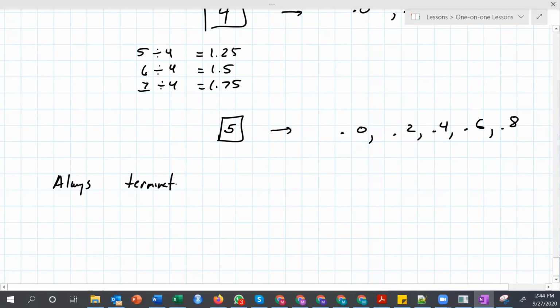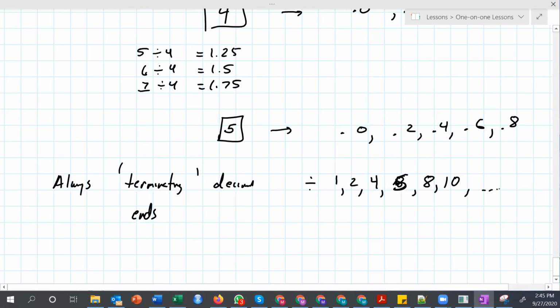Have you talked about that in class? No. So terminating means it ends. So these happen when you divide by 1, obviously, 2, 4, 5, 8, 10, and then there's a few others. But we'll just leave the list like that.